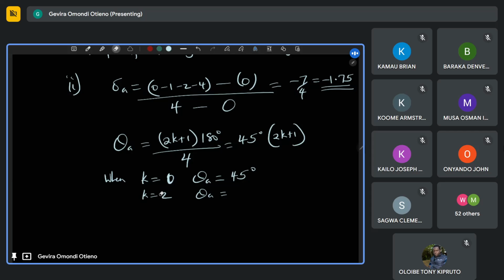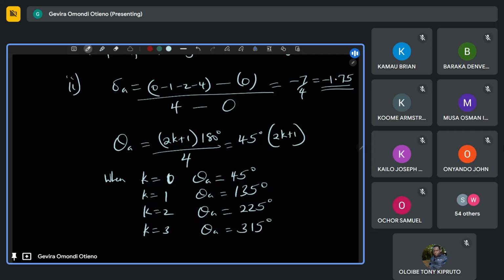When k is 1, please don't make me mislead you, you have 3 multiplied by 45, which should be 135 degrees. Then when k is 2, we have 5 multiplied by 45, which should be 225 degrees. When k is 3, we have 7 multiplied by 45, that's 315.